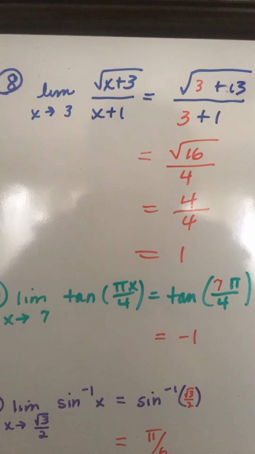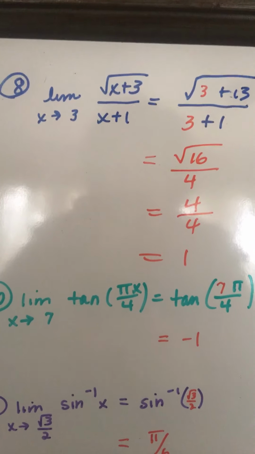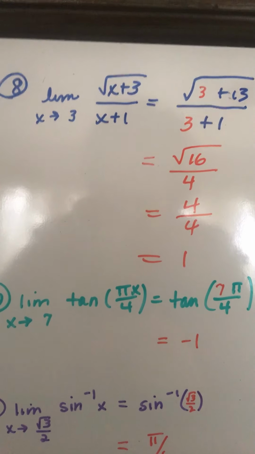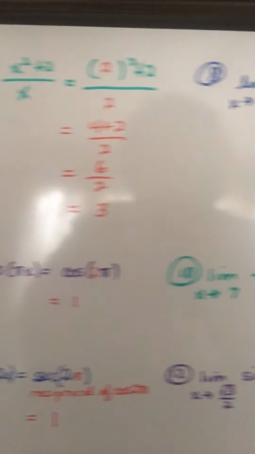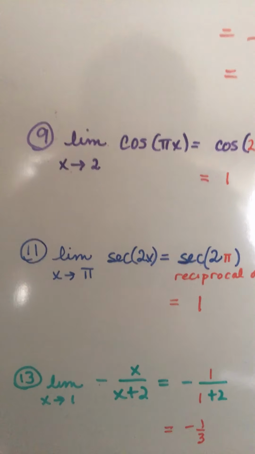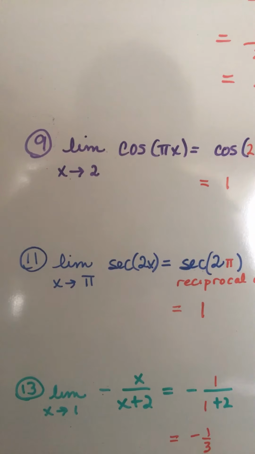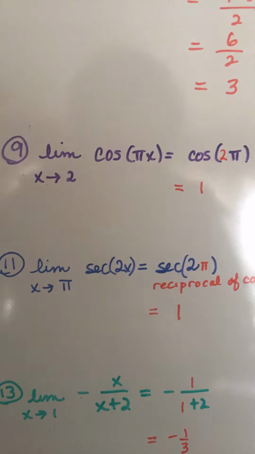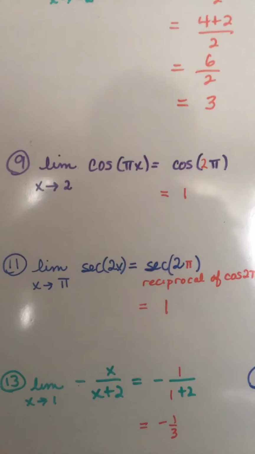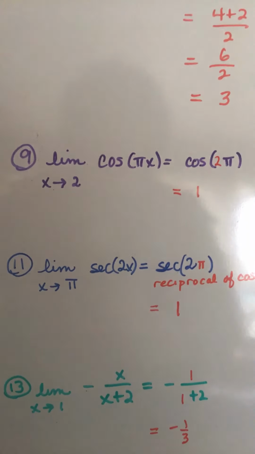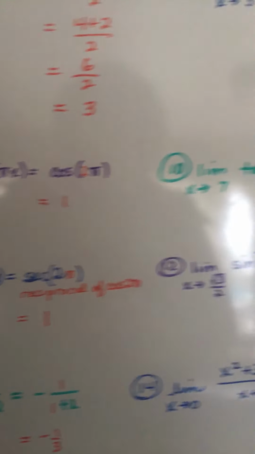Tangent of 7 pi over 4 is 45 degrees south of the 360 mark, which is negative 1. The limit as x approaches pi of secant 2x is secant 2 pi. Remember, secant is the reciprocal of cosine, and cosine of 2 pi is 1. And so the limit as x approaches pi of secant 2x is 1.